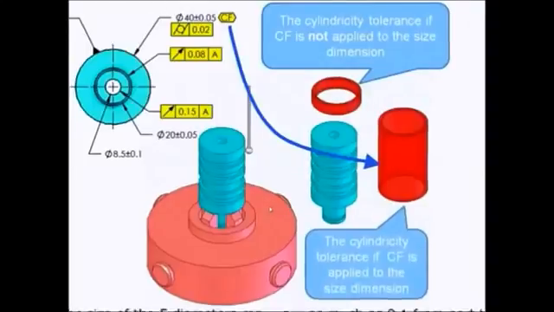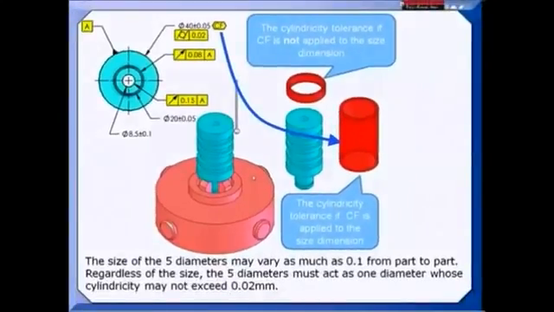So now, from part to part, the size may vary by as much as 0.1 total. But whether I have a large spool or a small spool, it has to be very cylindrical over the length of the 5 diameters. That way I can have very nice cylindrical spools, and I can match them up to very nice cylinders in the bodies to make sure that my valve will seal.